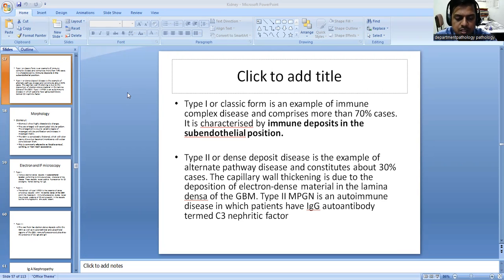The capillary wall thickening is due to deposition of electron dense material in the lamina densa of the glomerular basement membrane. Type 2 MPGN is an autoimmune disease in which patients have an IgG autoantibody, termed C3 nephritic factor.